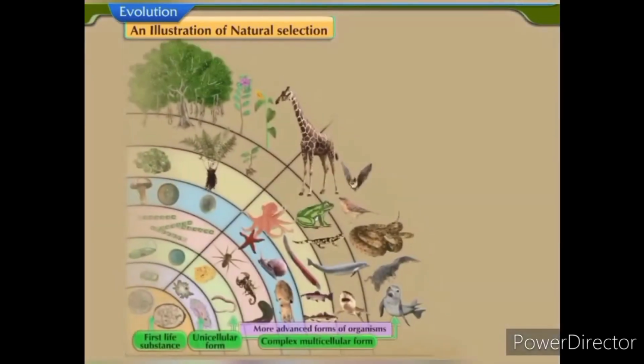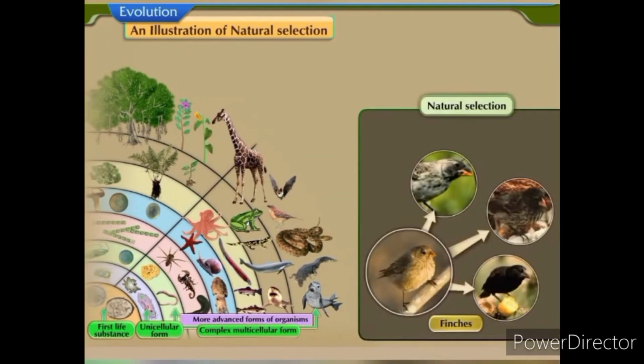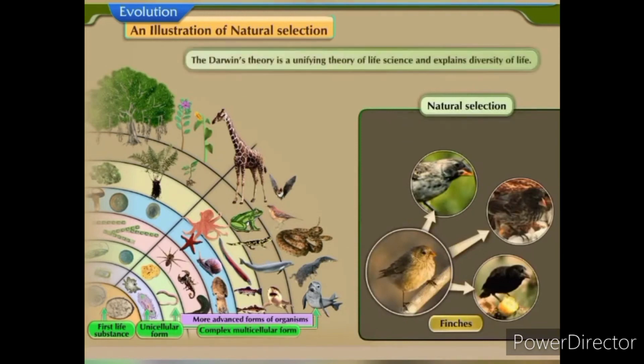The scientific community began to accept evolution as a fact, and natural selection was considered to be the basic mechanism of evolution. Darwin's theory is a unifying theory of life science and explains the diversity of life.